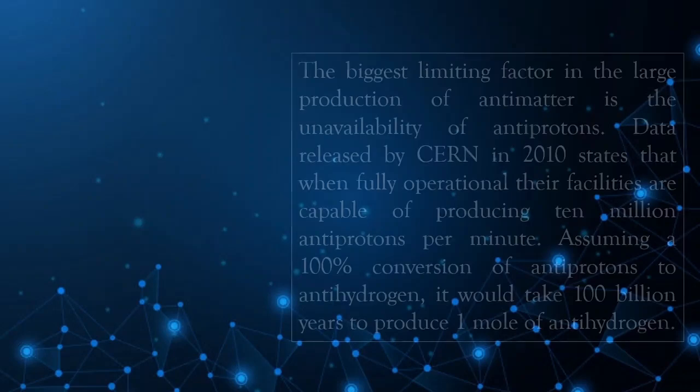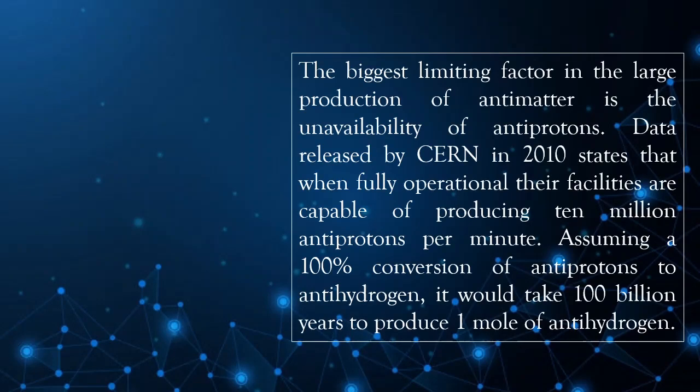Antimatter seems to be a brilliant source of energy as it converts 100% of its mass to energy. But the biggest limiting factor in the large production of antimatter is the unavailability of antiprotons. Data released by CERN in 2010 states that when fully operational, their facilities are capable of producing 10 million antiprotons per minute.